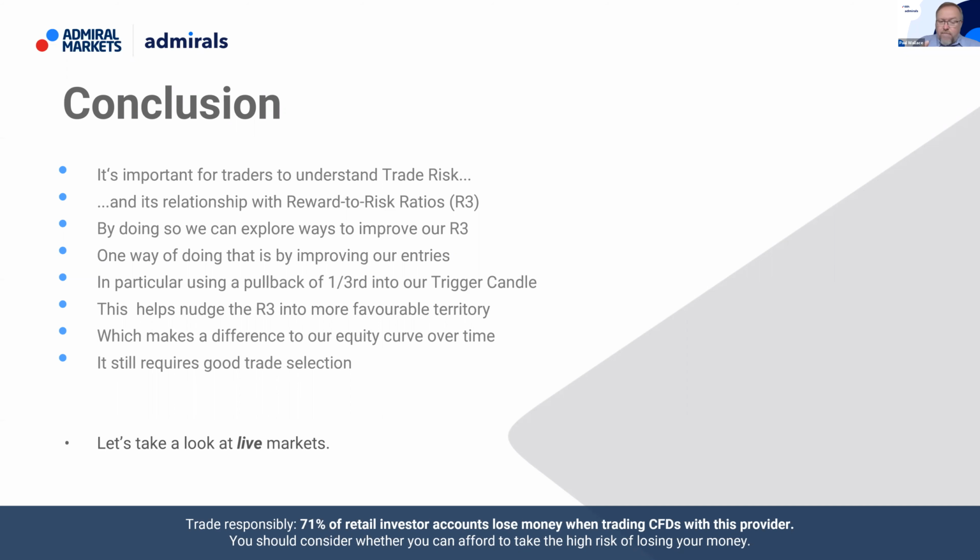By doing so, it gives you ways to explore improving your reward to risk ratios. One way of doing that is by improving your entries, and in particular, the one I've shared today is using a pullback of a third into your trigger candle as your entry point. That helps nudge the R3 into more favorable territory, and that's going to make a difference to your equity curve over time.